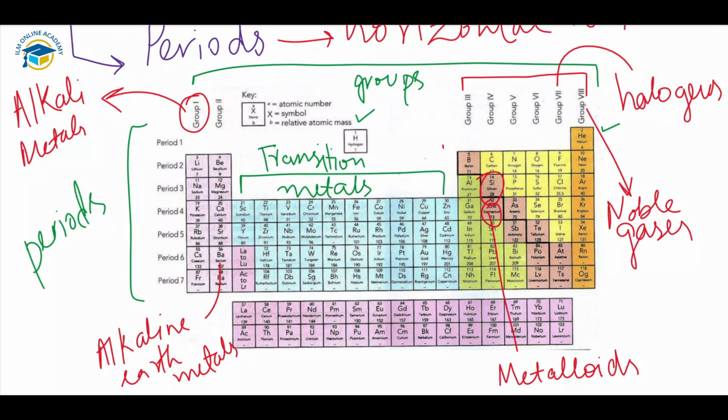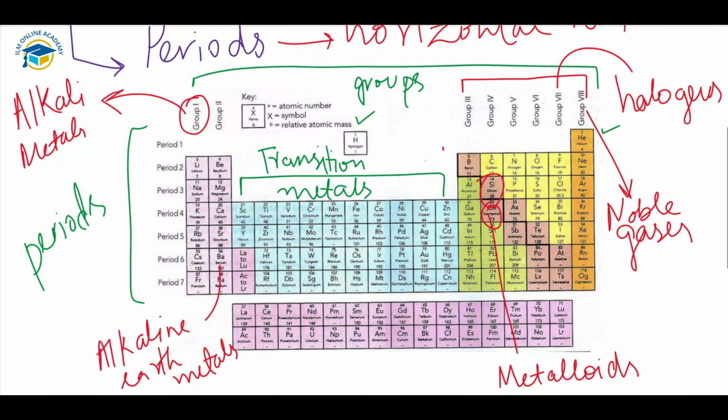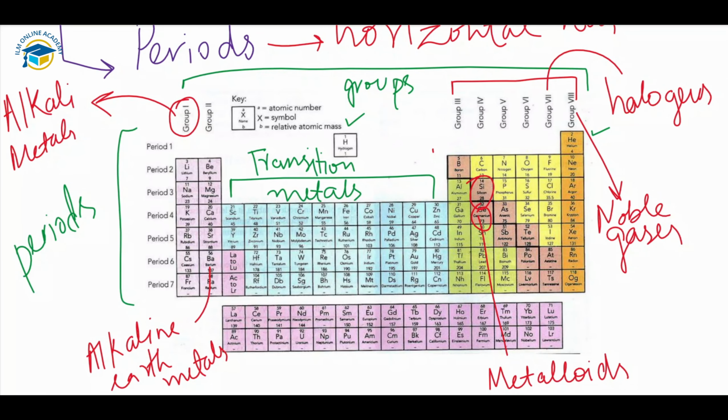For example, group 1 means there is just one outer electron in the elements of this group, like lithium, sodium, potassium. Lithium has a total of 3 electrons: 2 in the first shell and 1 in the second.